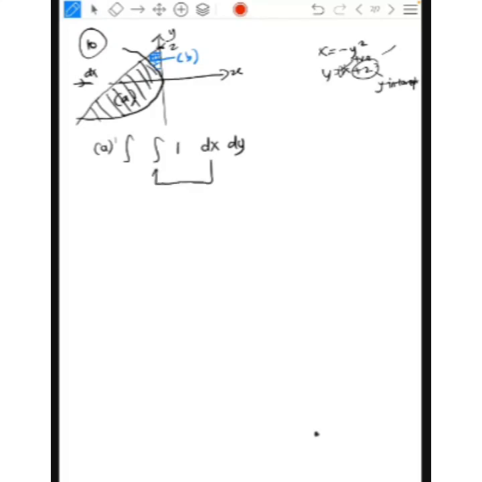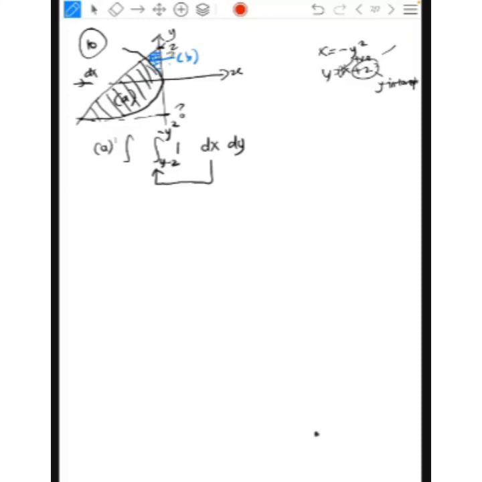So x, if I work towards x-axis, then I will find the straight line first, which is y equals to x plus 2 or x equals to y minus 2. Okay? And then I will find the curve, which is x equals to negative y squared. And then y is from, whatever this here lah, you have to find. Yang ini apa dia, yang ini pun apa dia, which is the intersection.